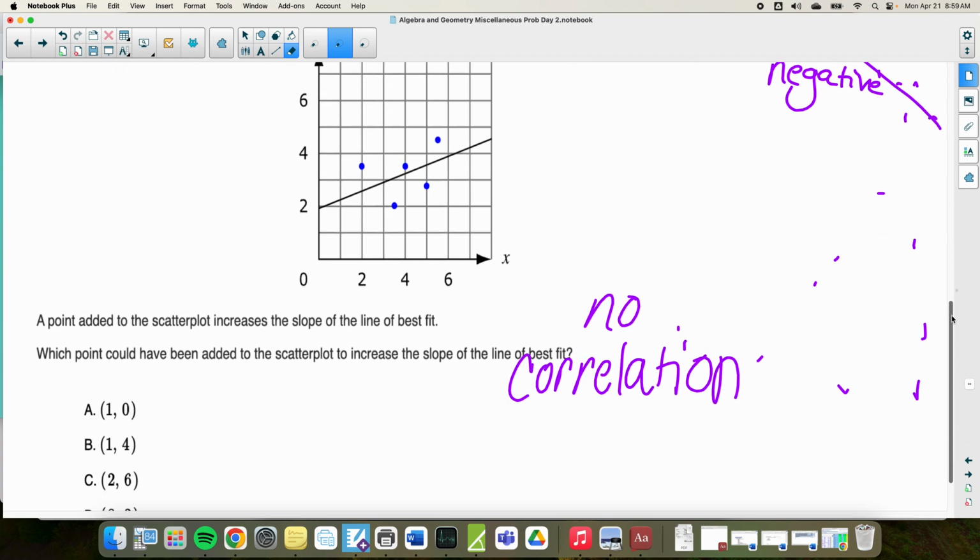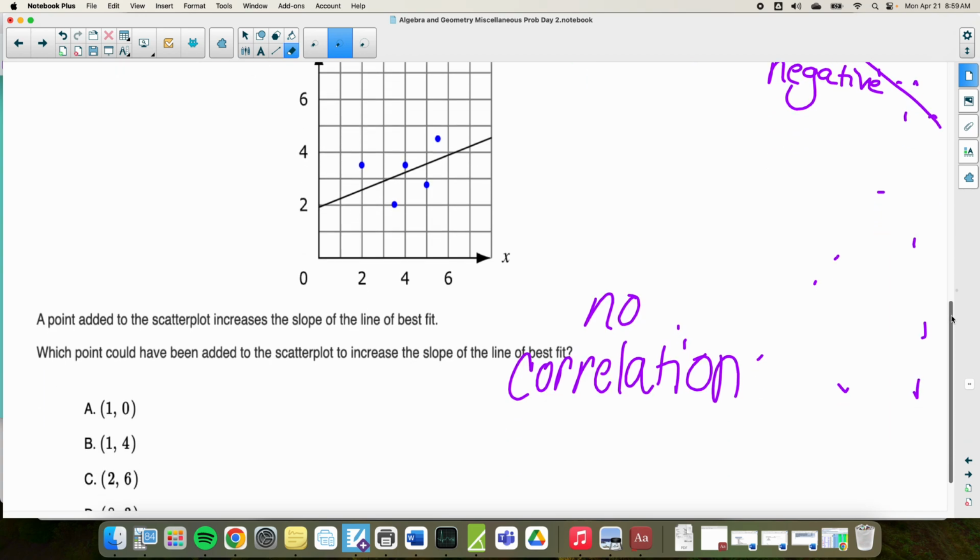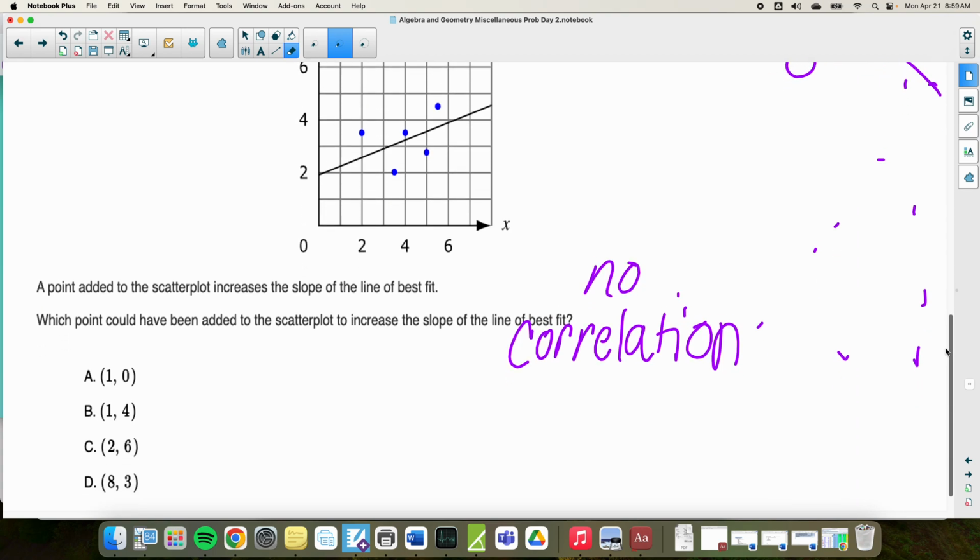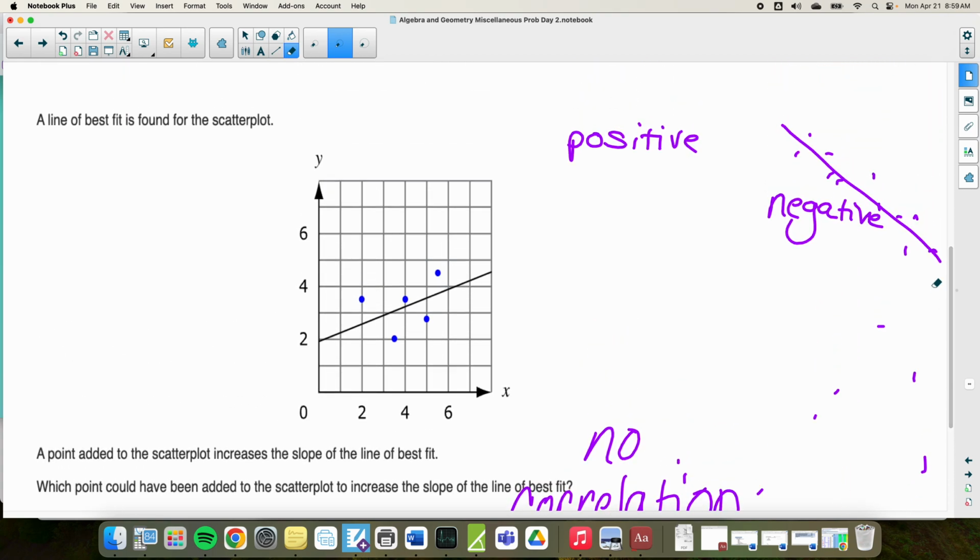Okay, so now what they could do today, or in your test, is they could ask you a question like, what point could have been added to the scatter plot to increase the slope of best fit? What that means is you would have wanted a point up here somewhere.